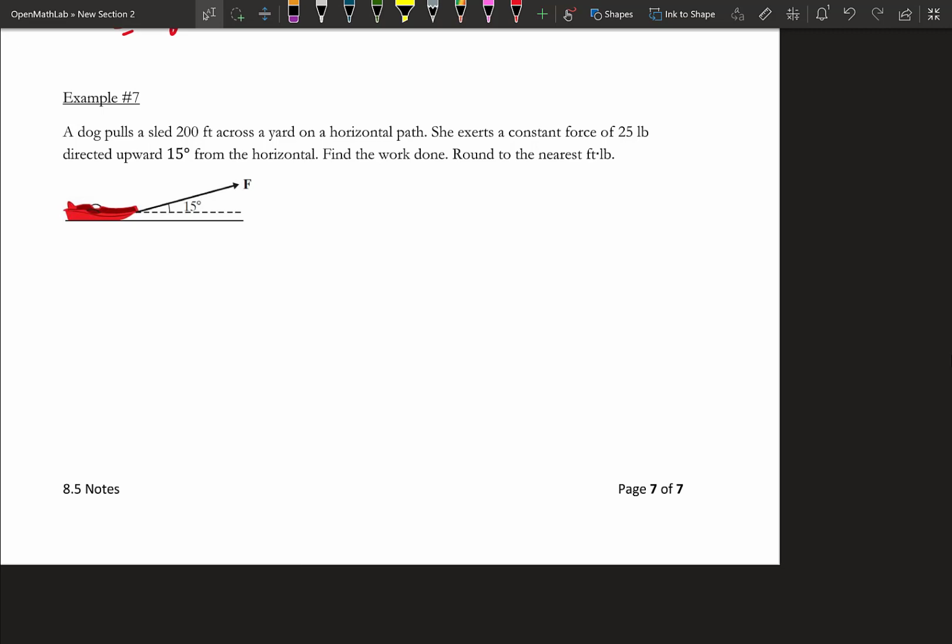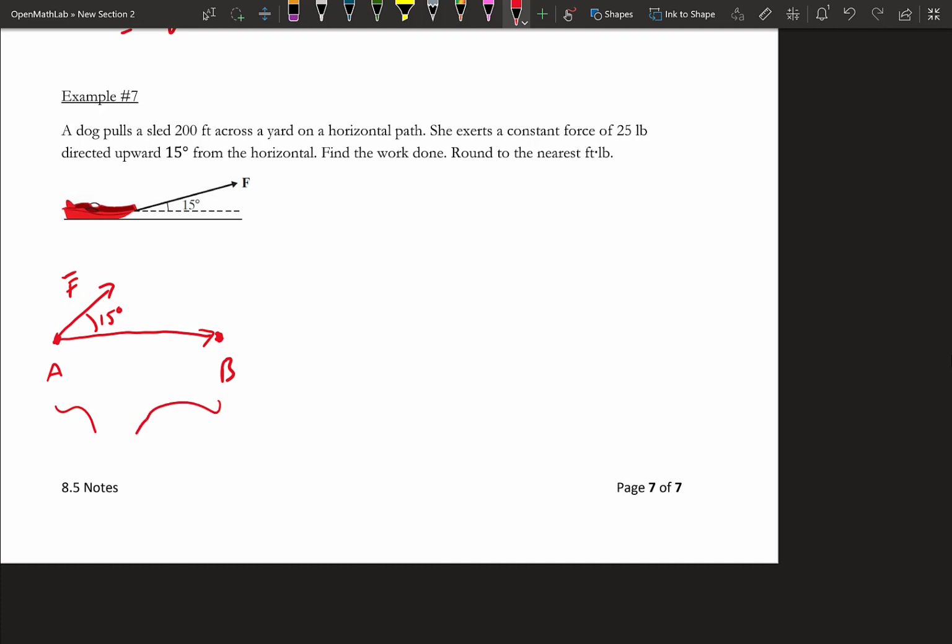So essentially, let me draw maybe a little picture here. So here's A, here's the point B. So we're going from A to B. And then we have some force F going upward, and that's at an angle of 15 degrees. Let's see, so this whole distance from A to B is 200 feet. Right, we're given that here. And then let me actually draw vector F up a little bit.